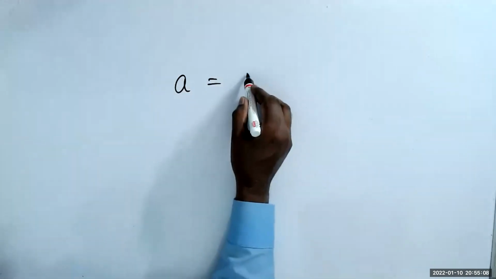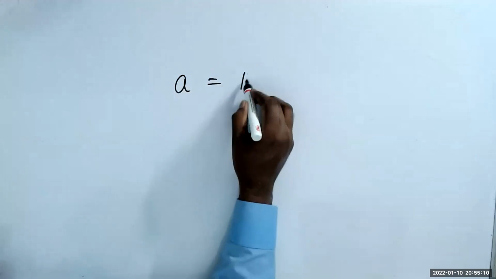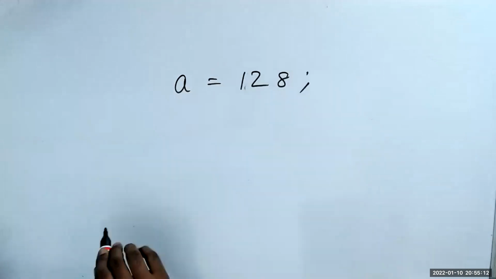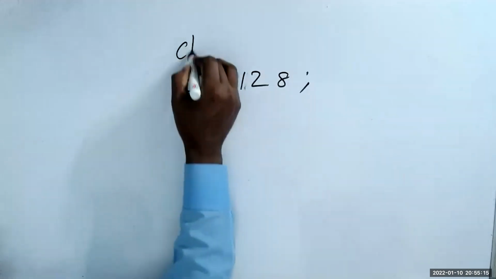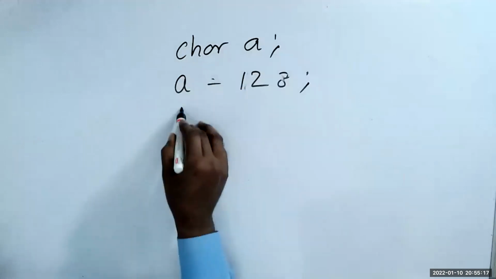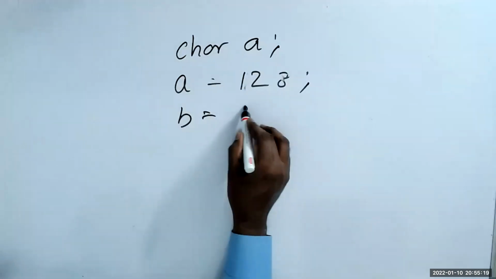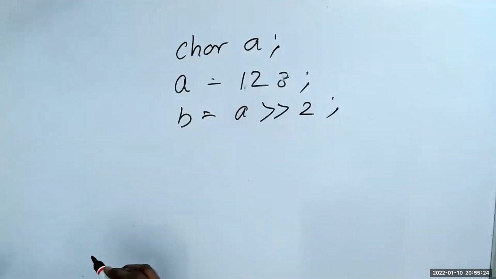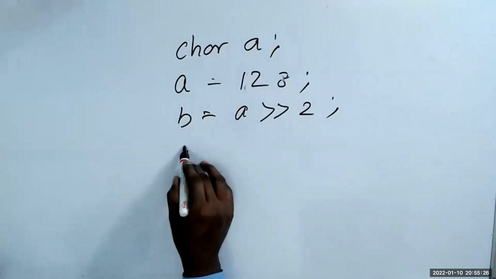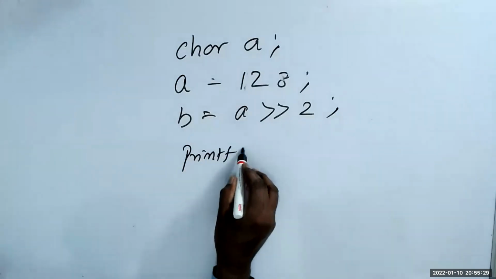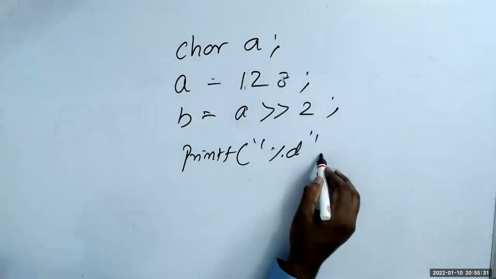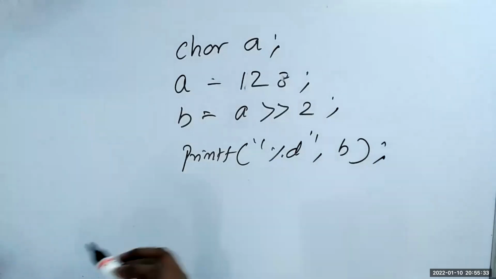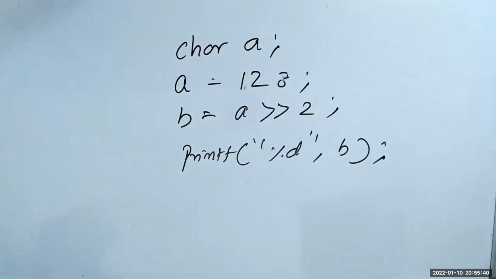A equal to 128, char A. B equal to A right shift by 2. Understand? If I say printf, what will be the answer? Can anybody guess this answer? Then I'll be happy.